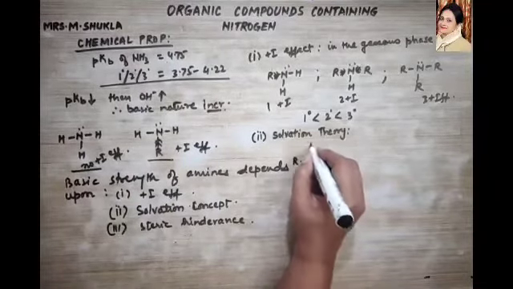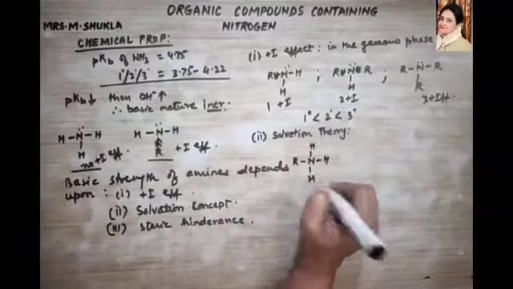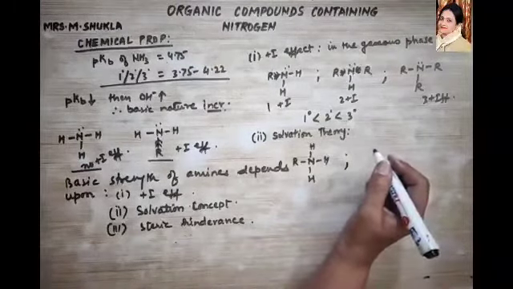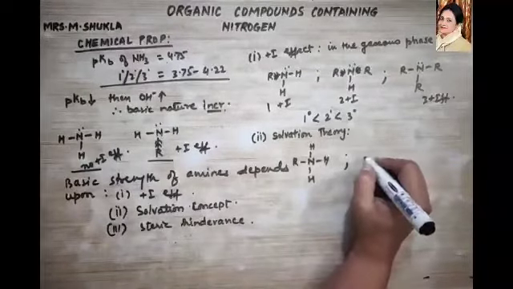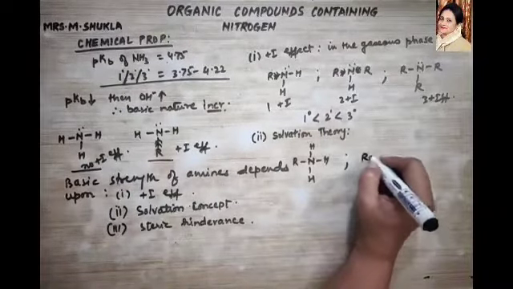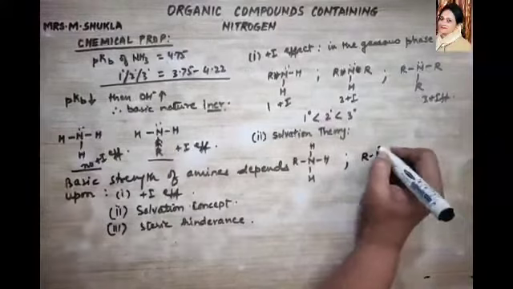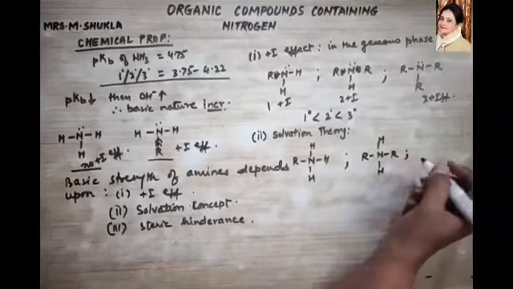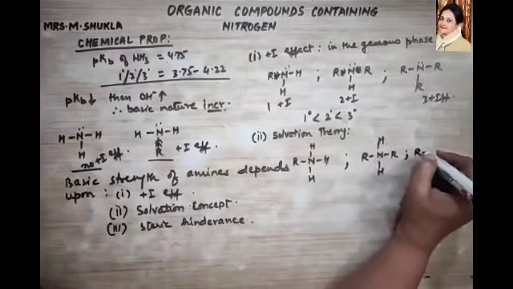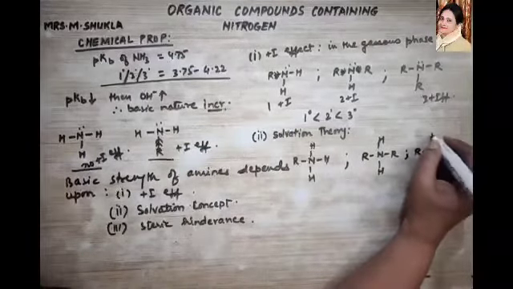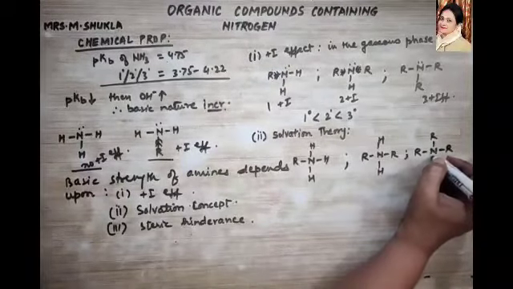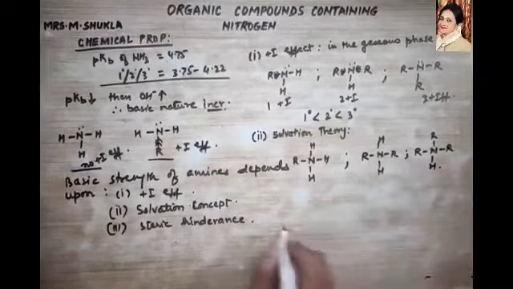Suppose this is R-NH2, and this is the secondary amine, R2NH, and the tertiary amine is R3N.